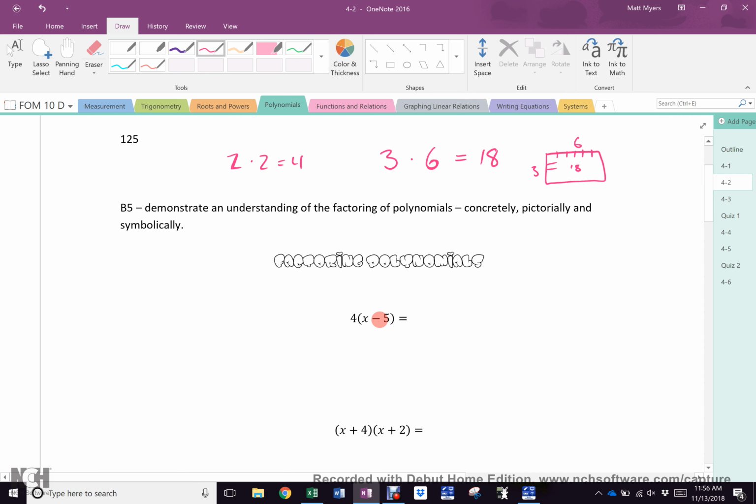So what then is this right here? Are those factors or are they a product? Those are factors. Why? Because I'm going to multiply the two of them together. Factor 1 is 4. Factor 2 is x minus 5. Now, how can x minus 5 be a single thing when it's obviously two terms? The brackets.